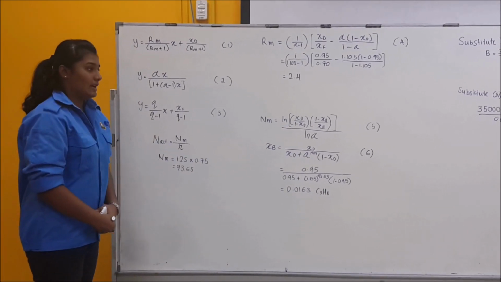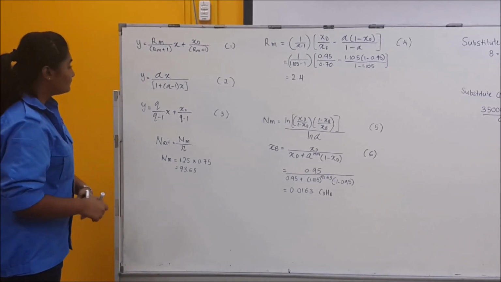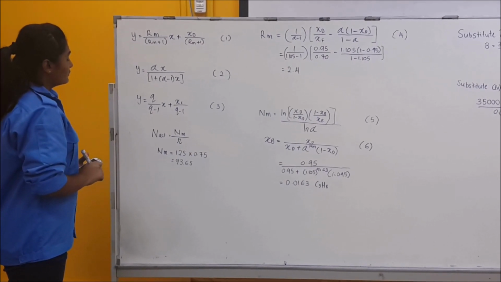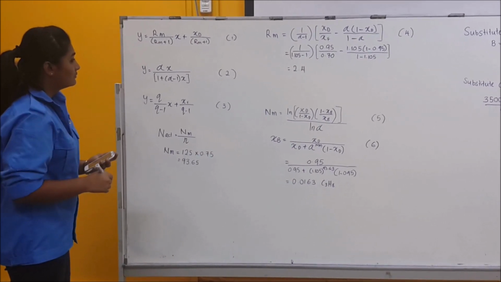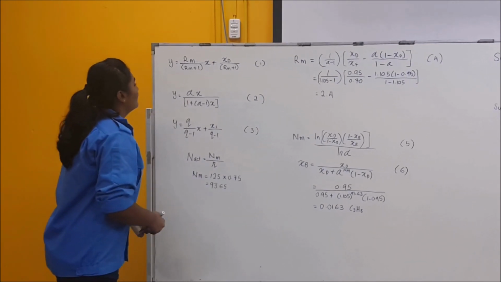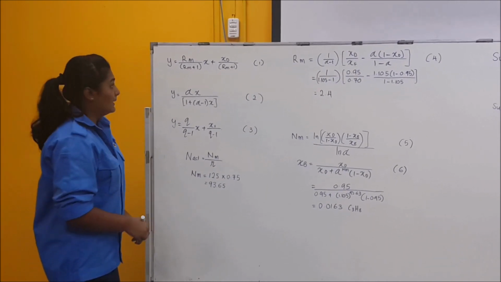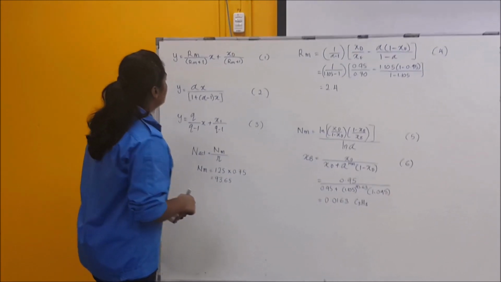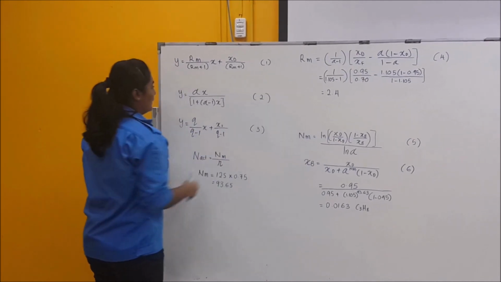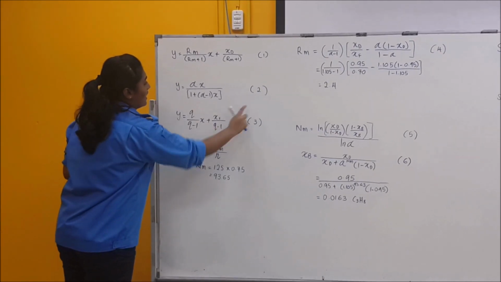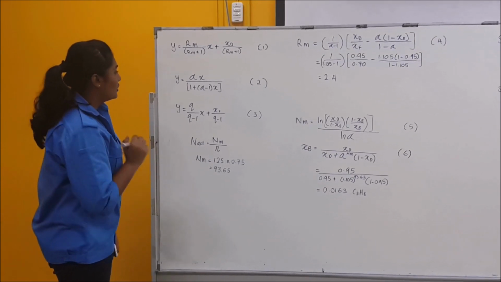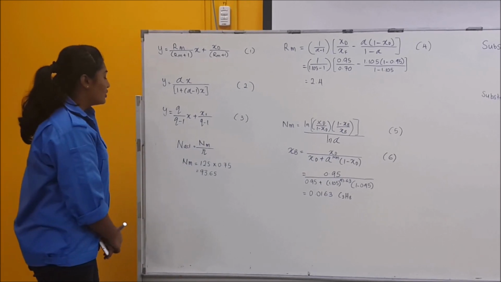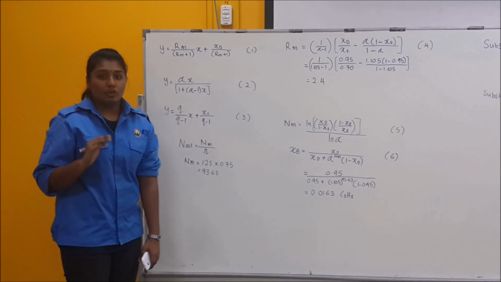For a two-component distillation system, if the relative volatility is constant, the equation will be equation number 1, and equation number 2 is the equation given for the equilibrium line, and this third equation is for the feed quality.